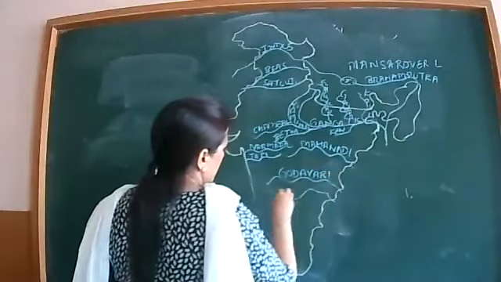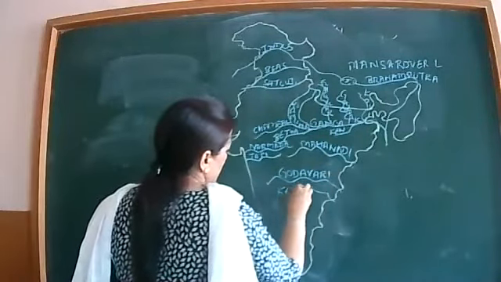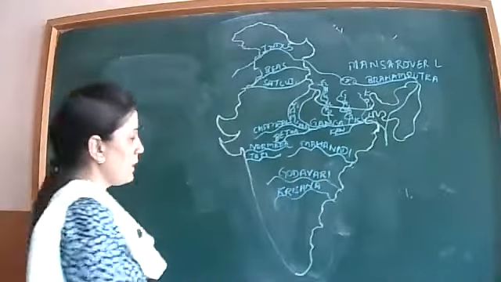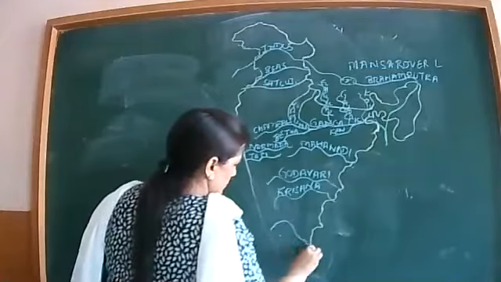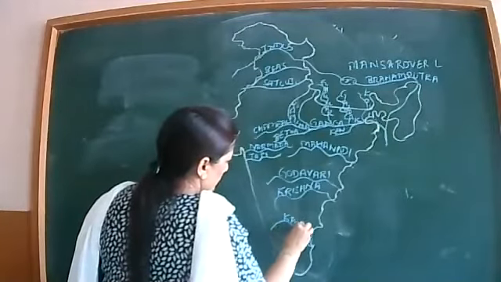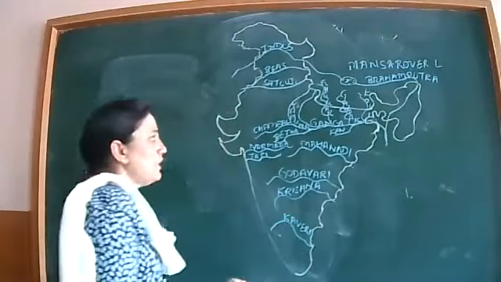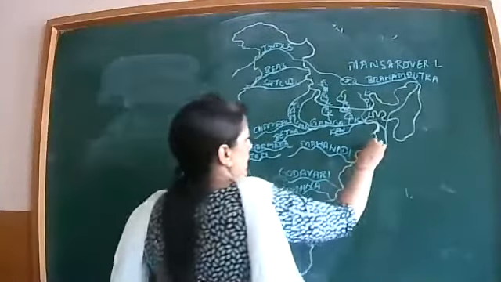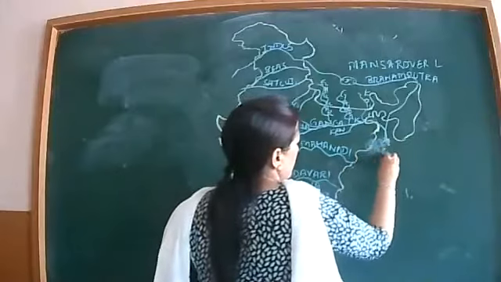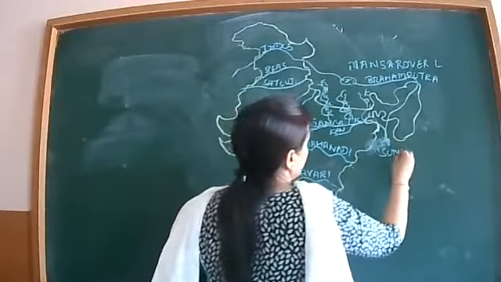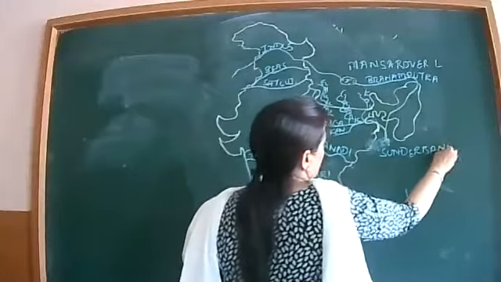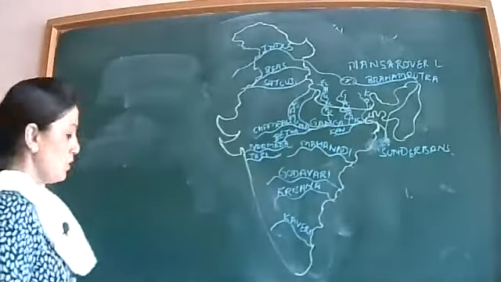And the extreme southernmost river is river Kaveri. All of you are supposed to make all these rivers. This is a delta made by Ganga and Brahmaputra, known as Sundarban Delta.